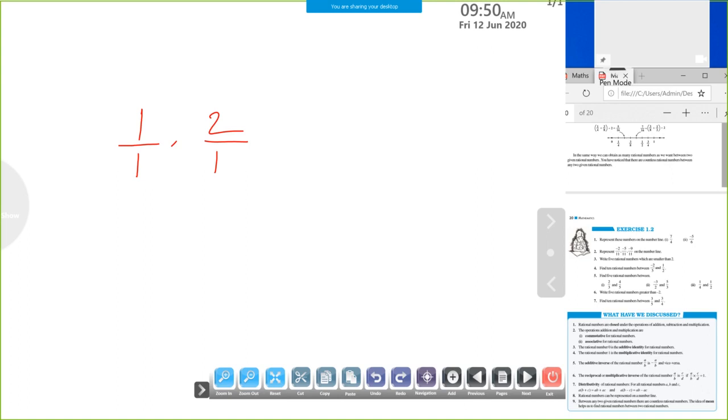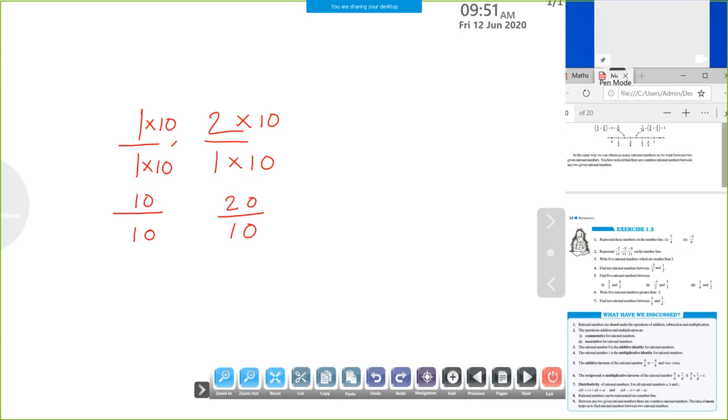So what we do is, we are going to make the denominators larger. If I multiply both the numbers with 10, again both the numbers will have the same denominator. Okay, 10 by 10 and 20 by 10.